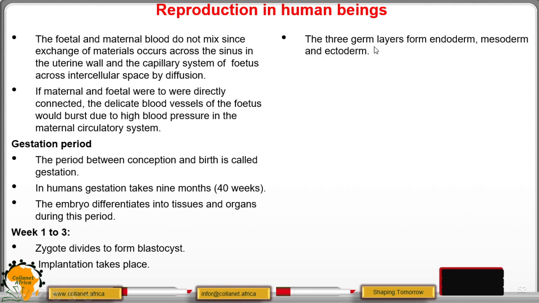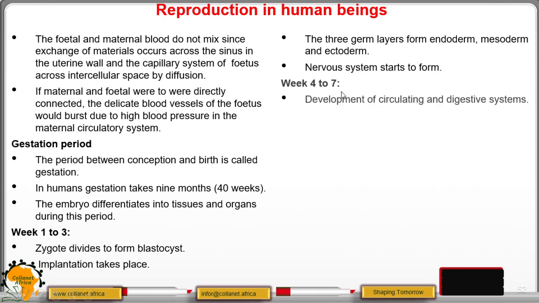We have formation of 3 germ layers, that is the endoderm, the mesoderm, and the ectoderm. The nervous system develops, that is for the first 3 weeks. From the 4th to the 7th week, the circulatory and digestive systems develop.